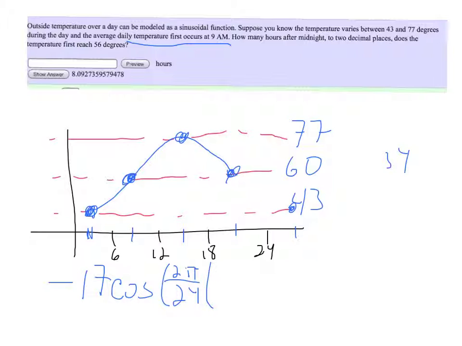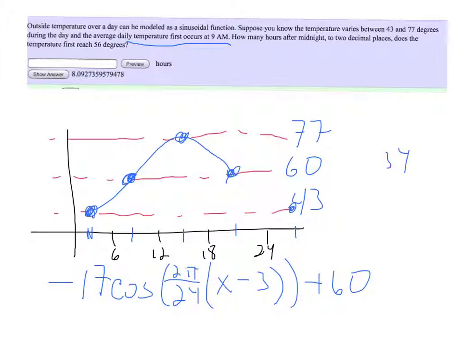We know this is shifted to the right, when, at 9 a.m., so that's 3 hours. So we're going to shift it to the right of the y-axis by 3 hours, and then the whole thing gets shifted up to 60 degrees.